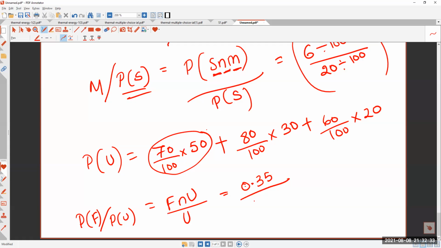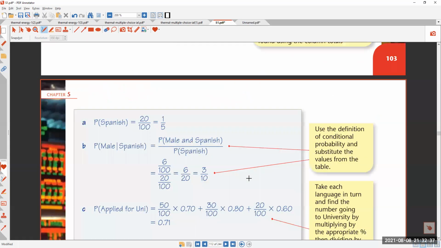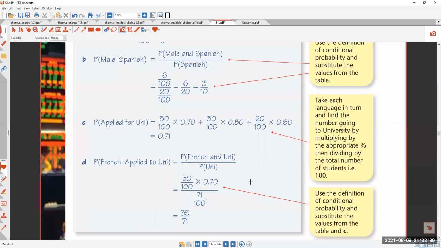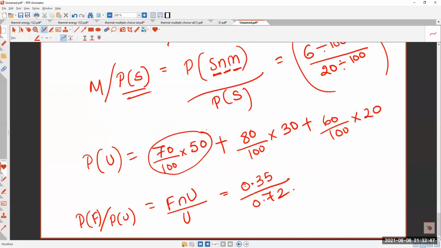Probability of university হবে 0.71, so 0.35 divided by 0.71, that is 35 by 71.